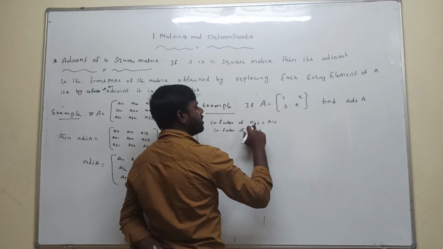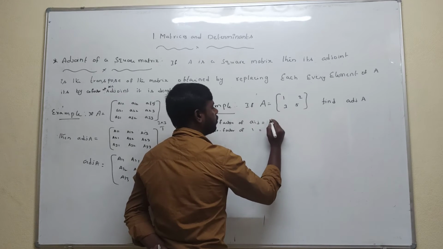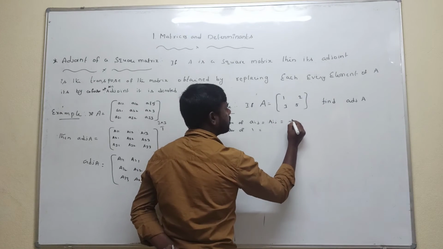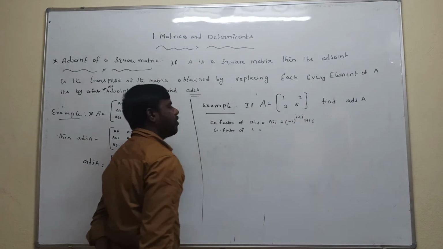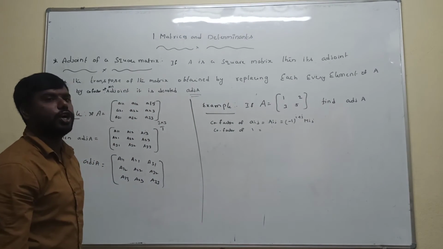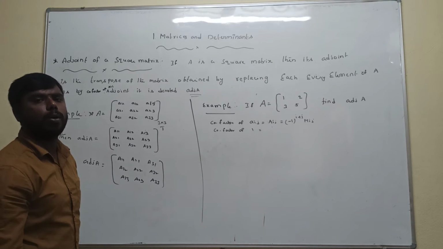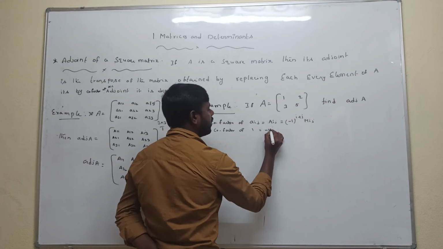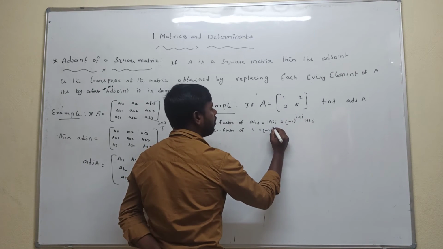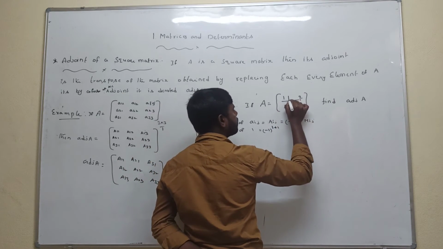For A11, in place of a11 we have 1. The formula is: cofactor Aij equals (-1) to the power of i plus j, into Mij. Now the cofactor of 1: 1 is present in the first row, first column, so that row and column are eliminated.